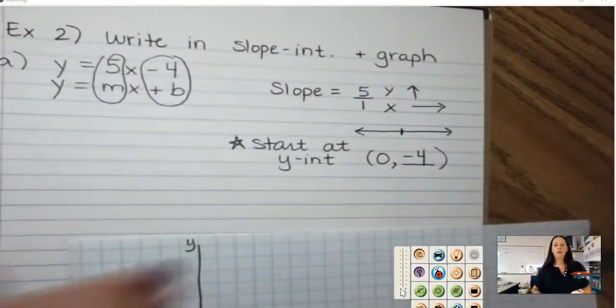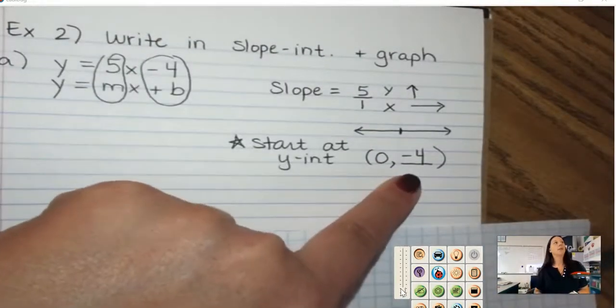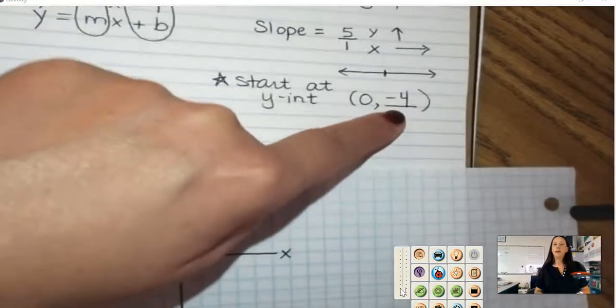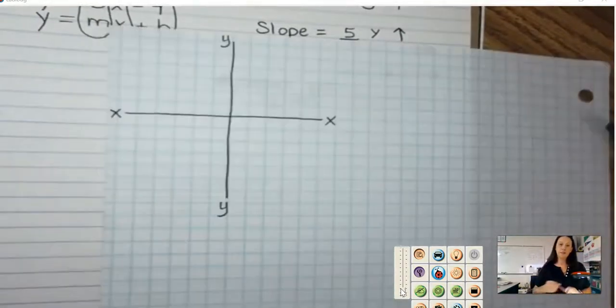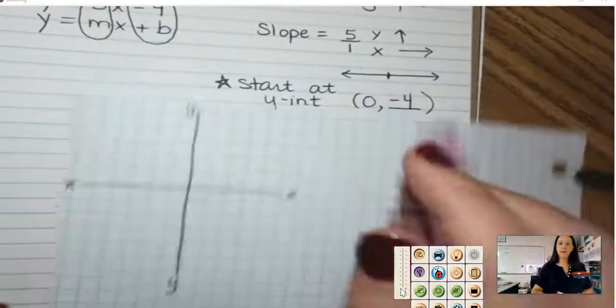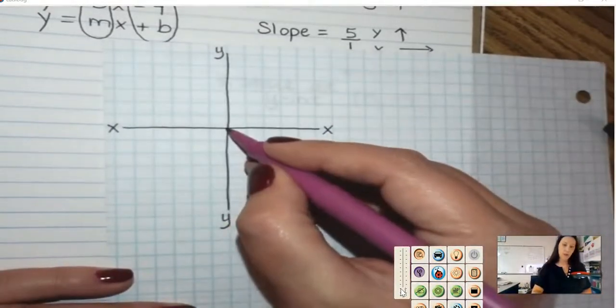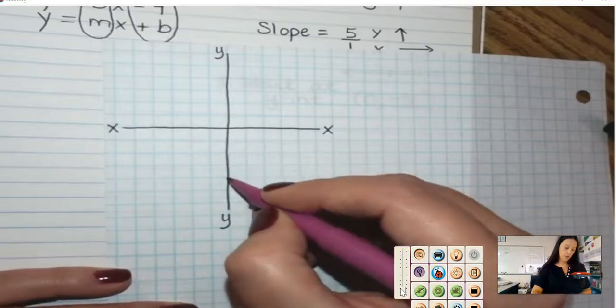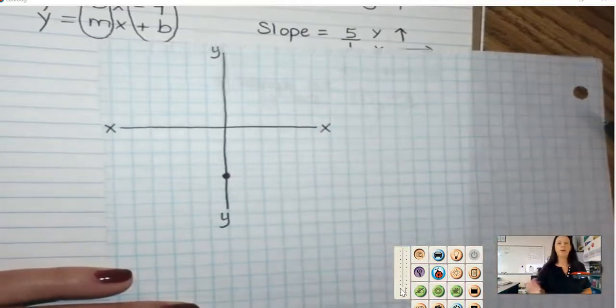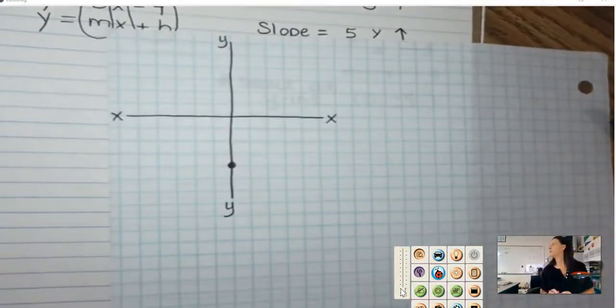When we graph this, we always start at the y-intercept. So on your y-axis, go to -4 and put a dot. Go to 0, 0, go 1, 2, 3, 4, put a dot at your y-intercept, because that's where it's going to hit the y-axis.